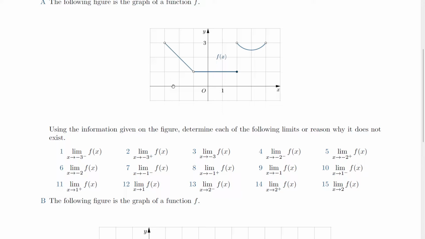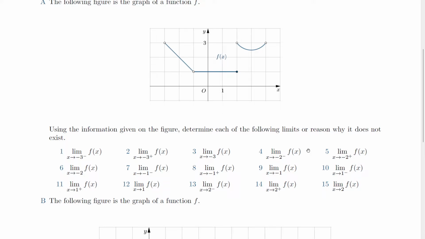But when I get closer to minus 2, the height of the function is getting smaller and smaller. Intuitively, if I get very, very close to minus 2 from the left-hand side, which value is the function getting close to? 2. So the left limit is 2.